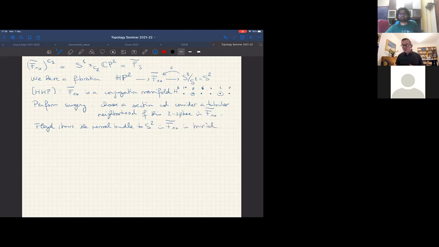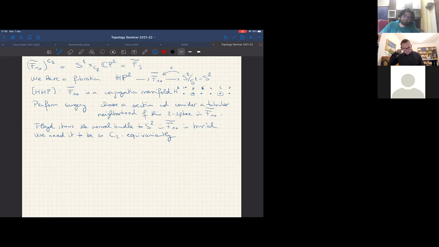And now what we need is to perform this surgery equivariantly, so we need it to be C2 equivariantly. So let me explain how we do that.